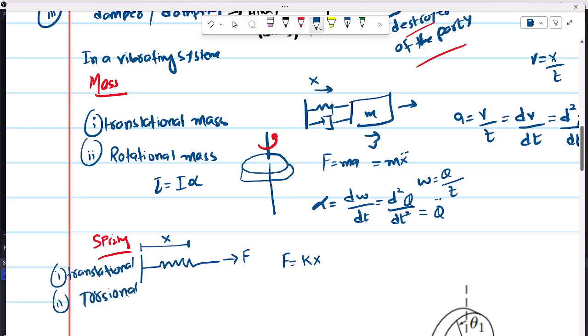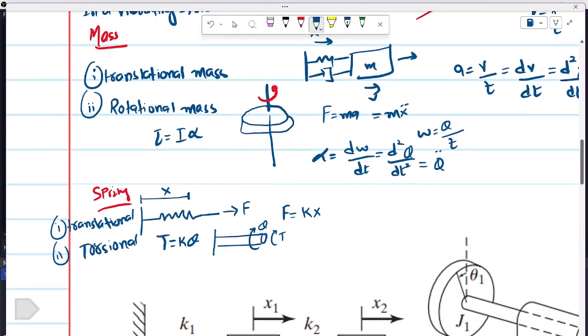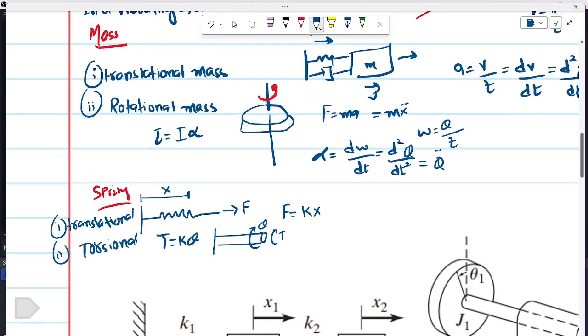Here you can write torque equals k theta, where theta is, let's say you're dealing with a rod attached to a wall and you're rotating it at an angle of theta. That's the torque you applied, the torsion you created on this rod attached to a wall. So this is how you can classify these.